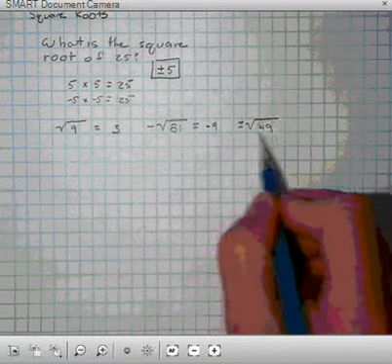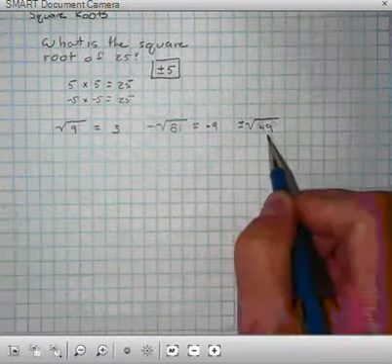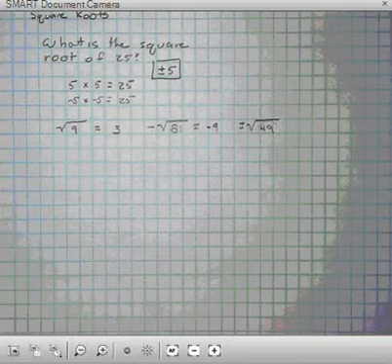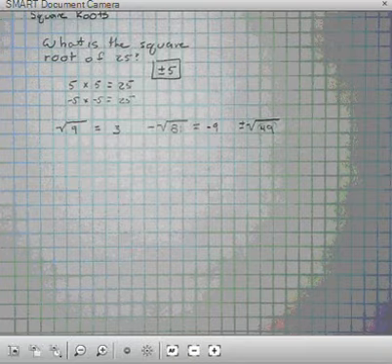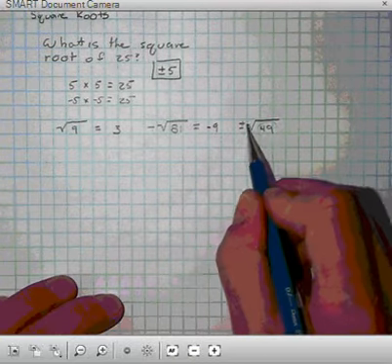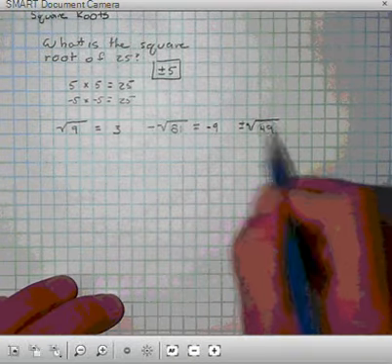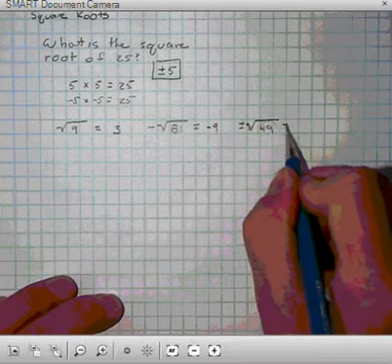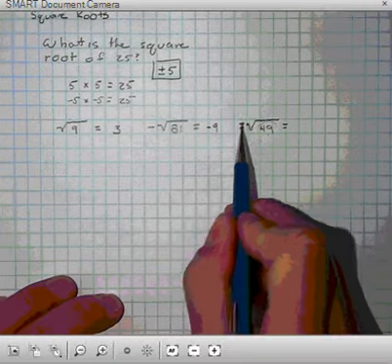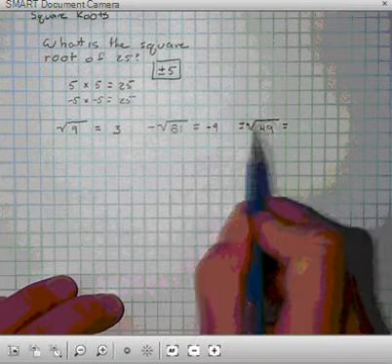You may remember what the number inside the radical is called? It was in that video we watched on Friday. It's the radicand, yes. Very good. So the radical is that square root. The radicand's inside there. So they're looking for both the positive and negative square root of 49.